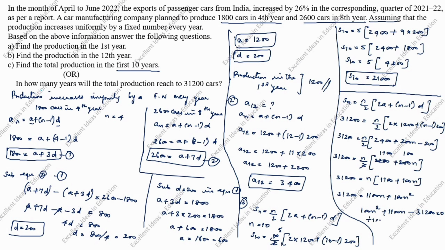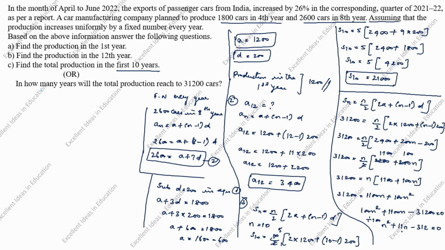Divided by 100, we will get n square plus 11n minus 312 equal to 0. Next, we will do this one as the splitting the middle term method. Minus 312, down is 11. Here is plus. Now we will do LCM of 312.